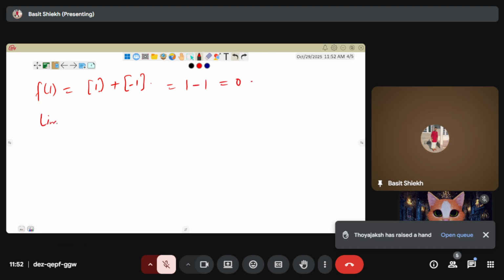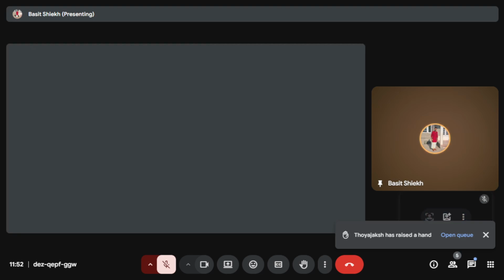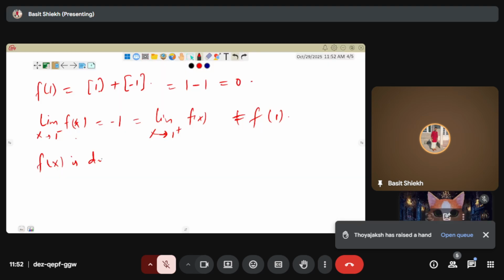So limit x going to 1 minus f of x equals minus 1 equals limit x going to 1 plus f of x. LHL equal to RHL, but not equal to f of 1, the value of the function. So f of x is discontinuous at x equals 1.